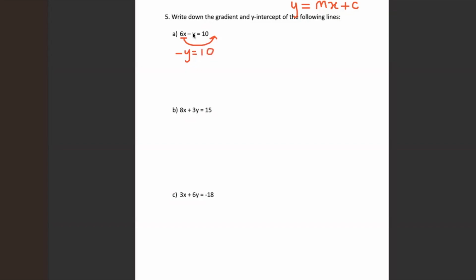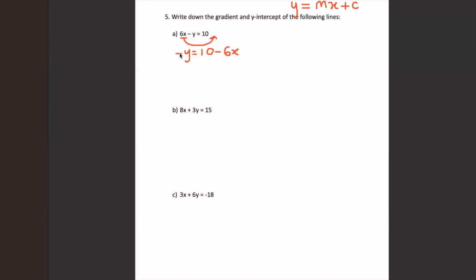And now the 6x has moved and it has become a minus 6x. So on the left-hand side, we did a minus 6x and it got cancelled. And on the right-hand side also, we did a minus 6x. So minus y equals 10 minus 6x. It is still not in the form y equals something.